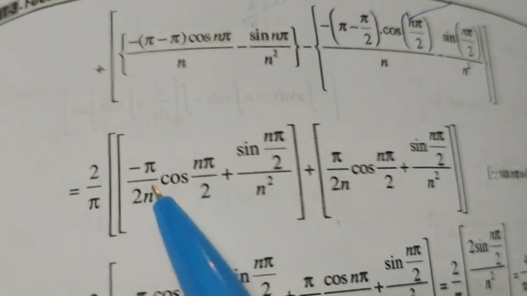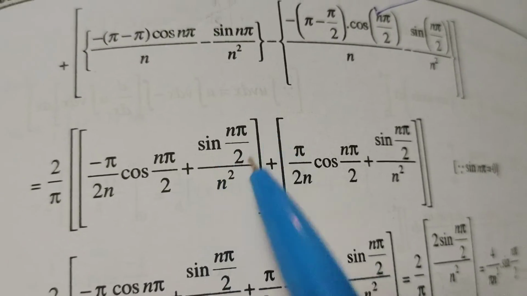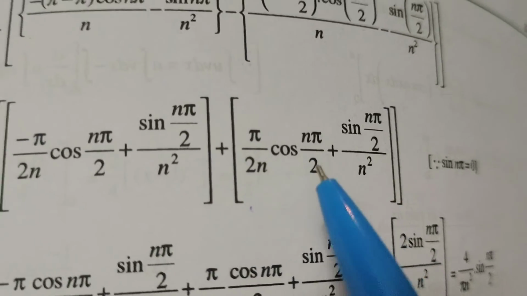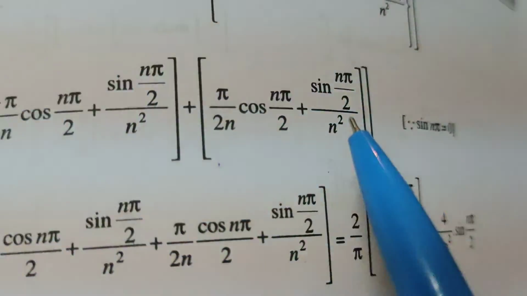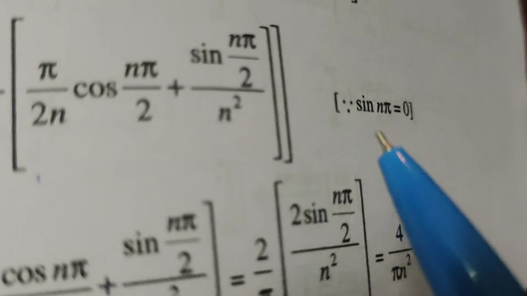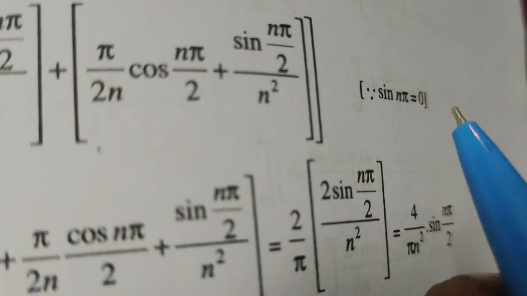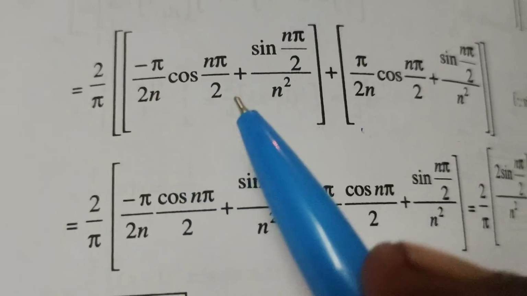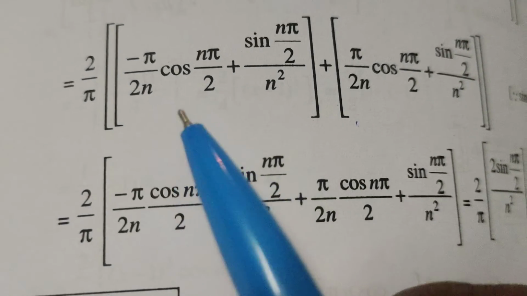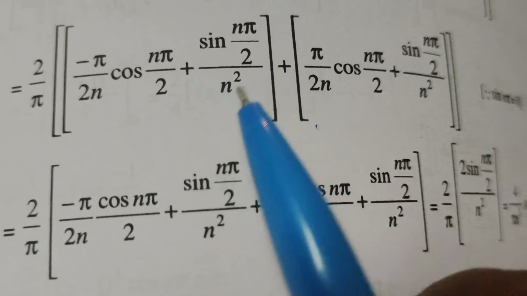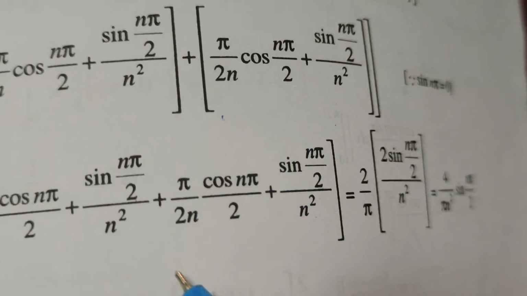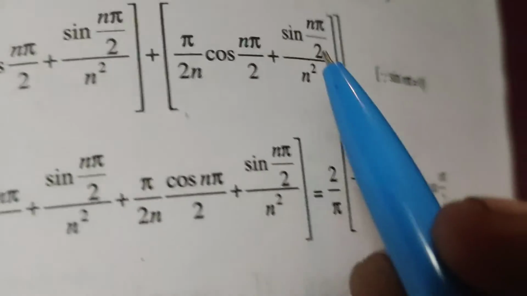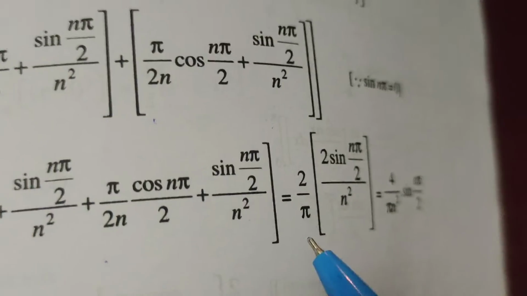Okay, now 2 by pi into minus pi by 2n cos n pi by 2 plus sin n pi by 2 by n square plus pi by 2n cos n pi by 2 plus sin n pi by 2 by n square. Here sin n pi equals 0.